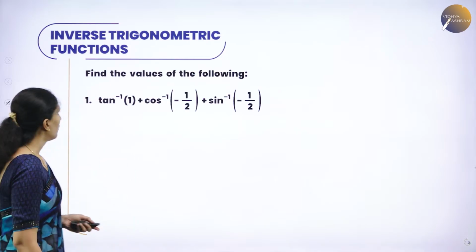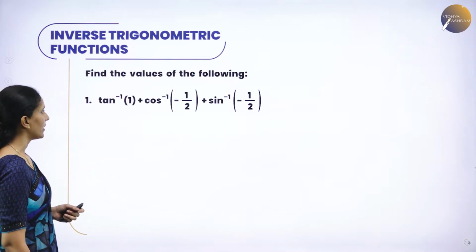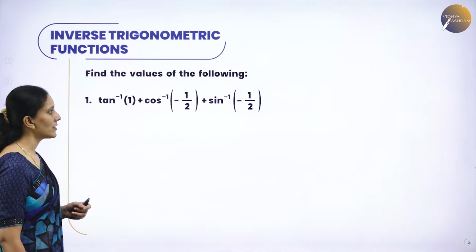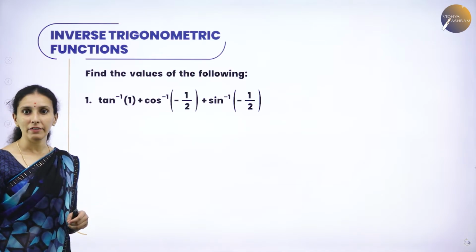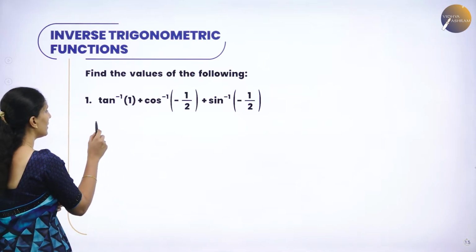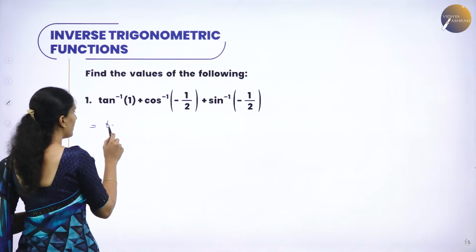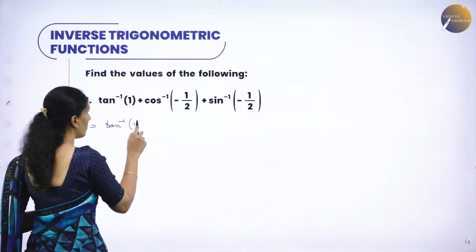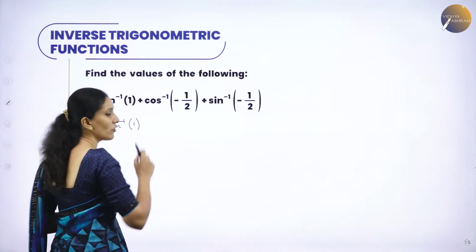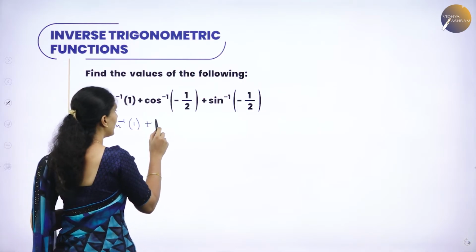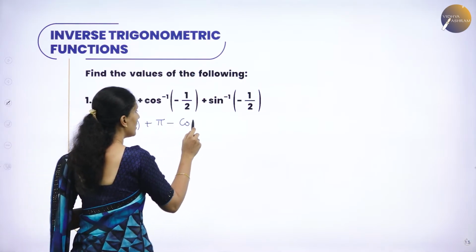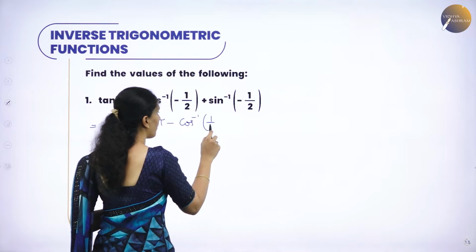So next one, find the values of the following: tan inverse of 1, cos inverse of minus half, sine inverse of minus half. Tan inverse of 1 is written as is. Here cos inverse of minus half means we should write this in the form of pi minus cos inverse half.